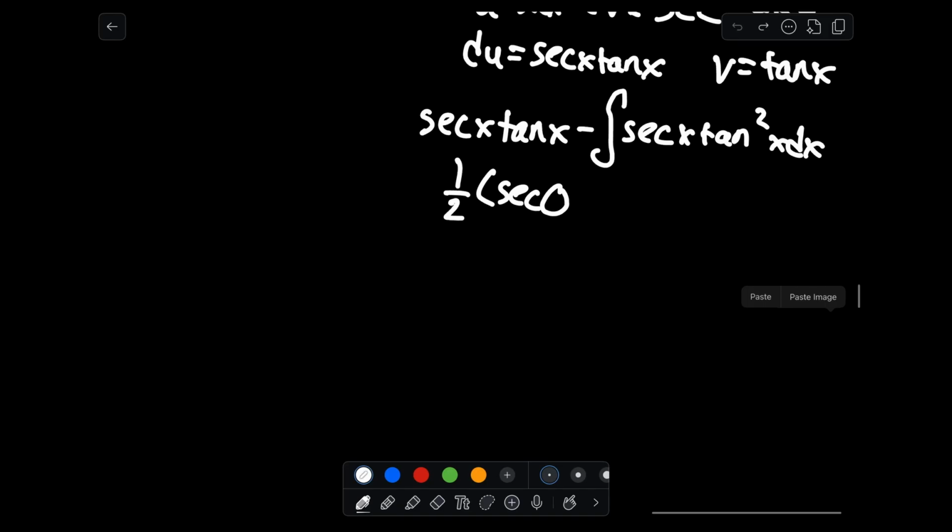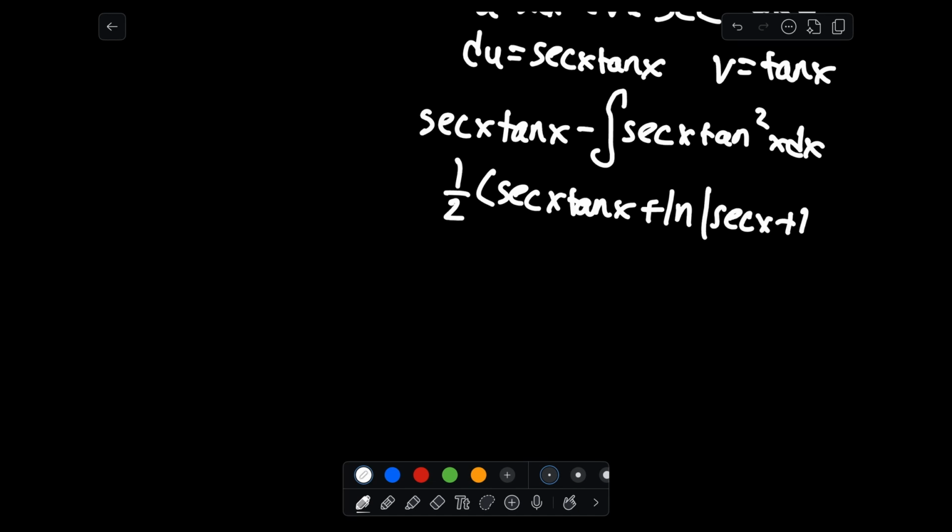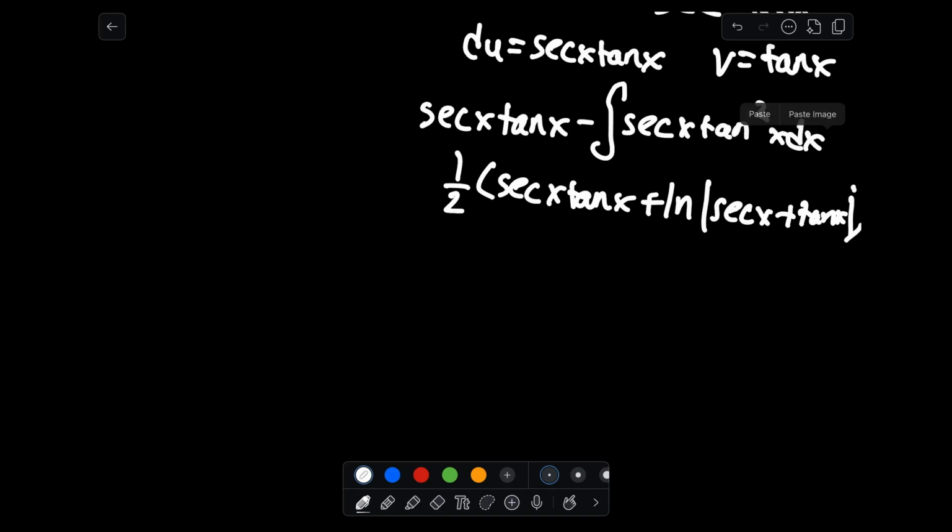Let's just use x to be consistent. So that part stays consistent, plus ln of secant x plus tan x. And this result right here is actually the antiderivative for secant of x, which is kind of cool.